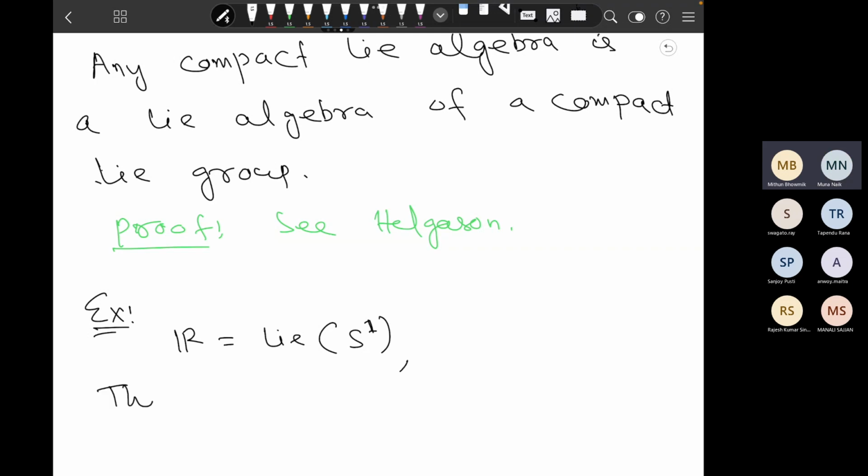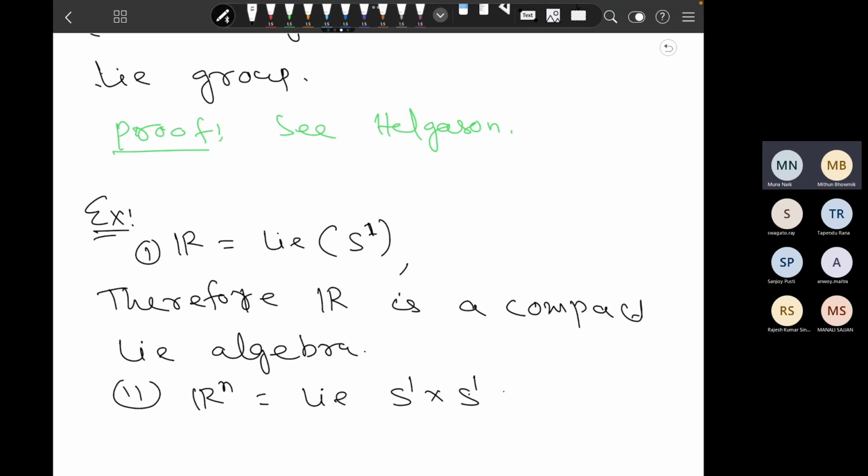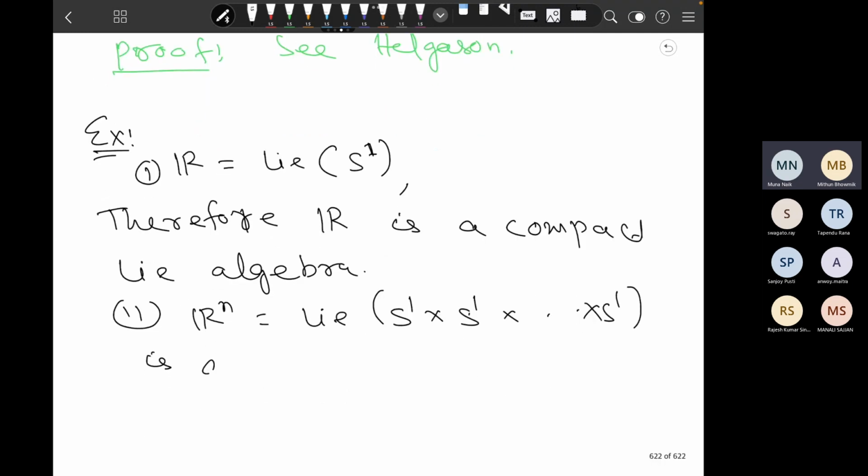Therefore, R is a compact Lie algebra. Similarly, Rn is the Lie algebra of S1 cross S1, so this is a compact Lie algebra.